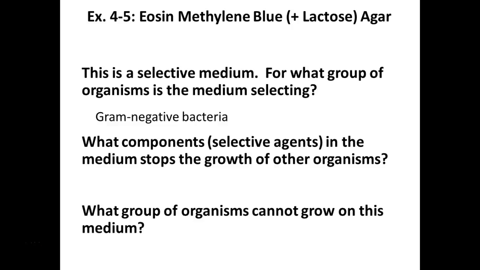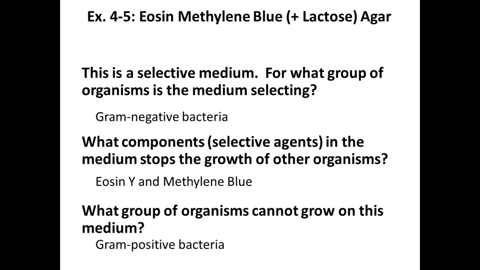What is eosin and methylene blue? They're dyes. What do dyes do to organisms? They'll kill them. The gram-negatives are protected by that outer membrane, where the gram-positives, this gets in and it kills them. These two dyes, eosin and methylene blue. So who can't grow? The gram-positives.